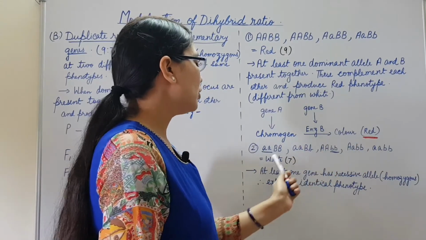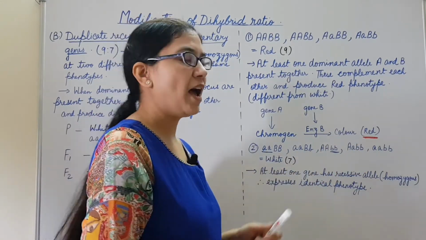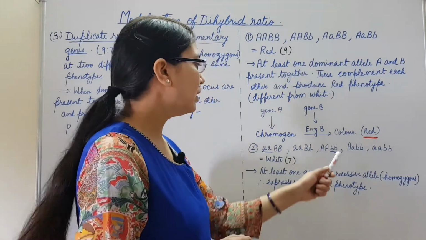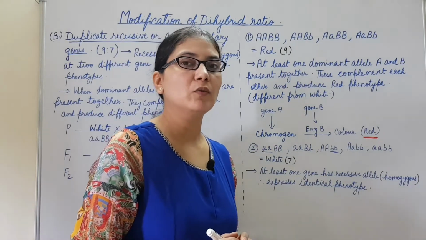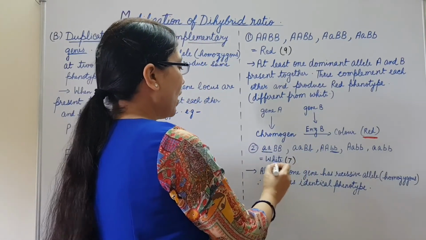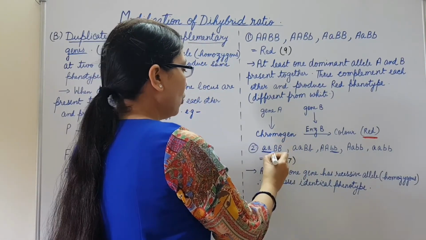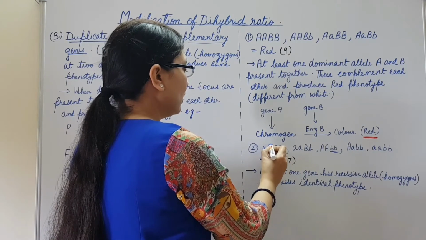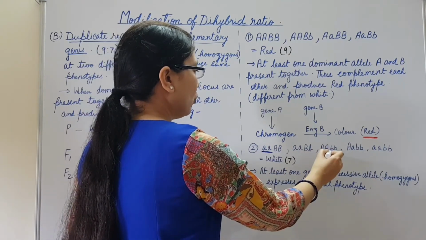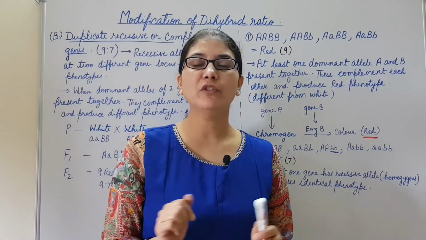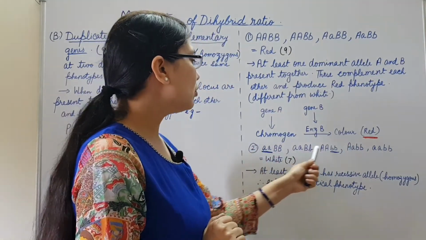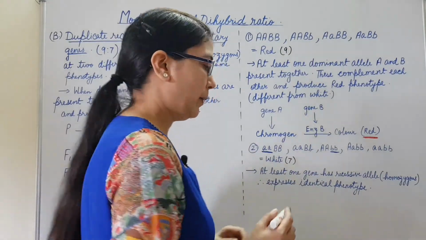In this type of genotype, at least one gene has the recessive allele in the homozygous condition, and these produce the identical phenotype, which is white flower color. The homozygous recessive allele A and homozygous recessive allele B are present on different gene loci, but they produce the same type of phenotype.